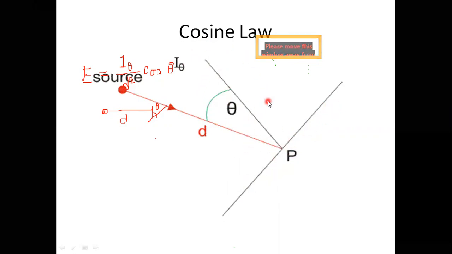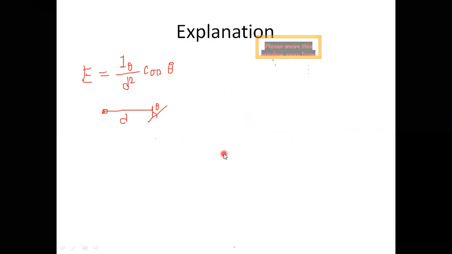And now we have to explain this equation. If this is not a point source, this cosine law of illumination can be analyzed in terms of illumination flux instead of luminous intensity. So if it is not a point source, and there are lots of points in a source, we assume lots of point sources.